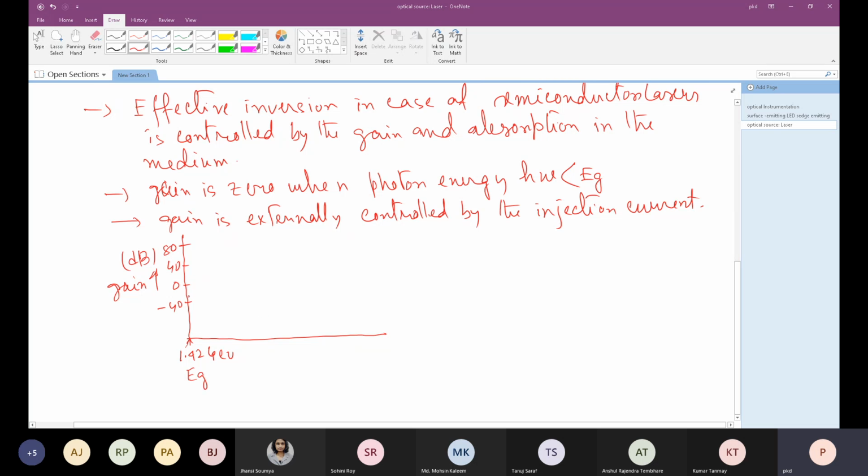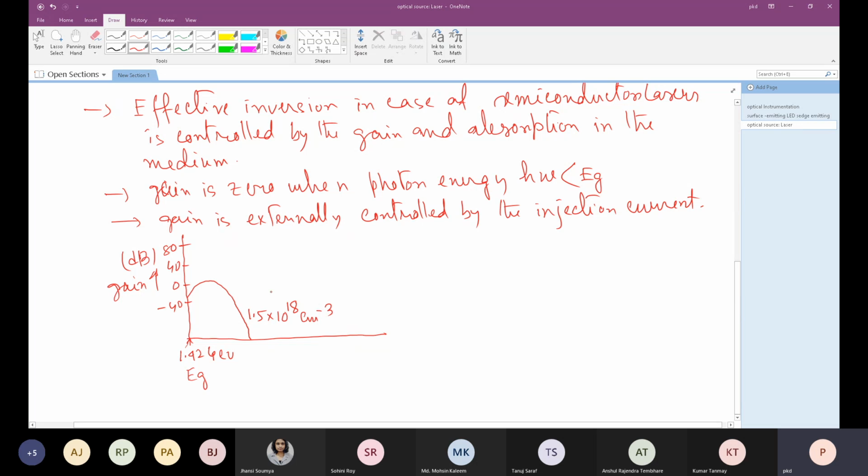So typically, at lower carrier concentrations like 1.5 times 10 to the power 18 per centimeter cube, we will have a gain curve like this.